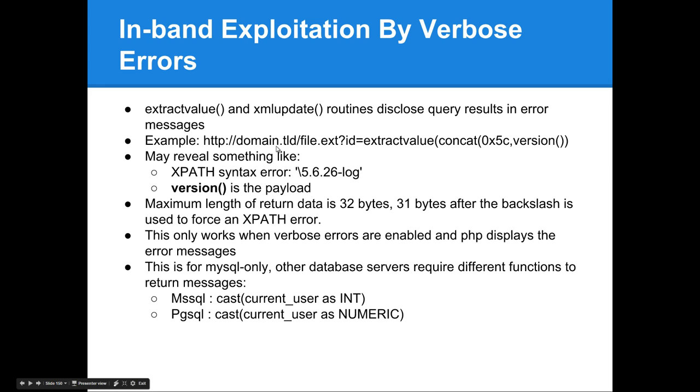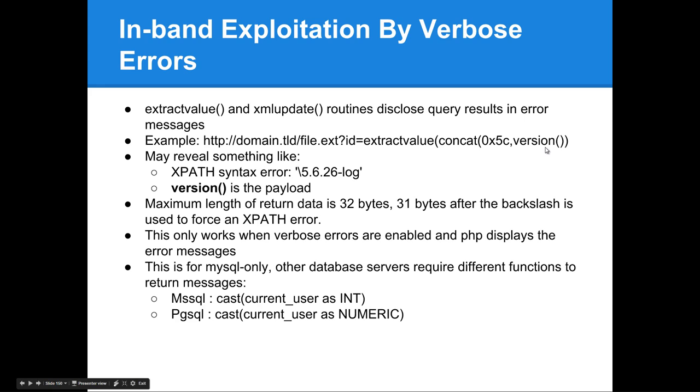So for an example, where ID is the vector here, we're passing it extract value, and inside that is concat of 5C ASCII, which is backslash, and version.